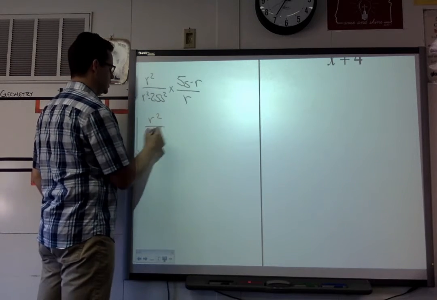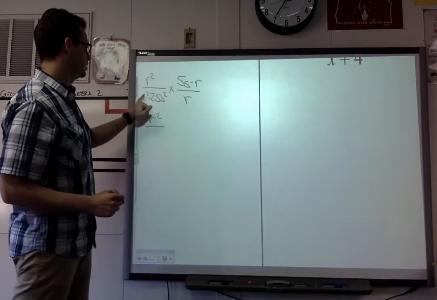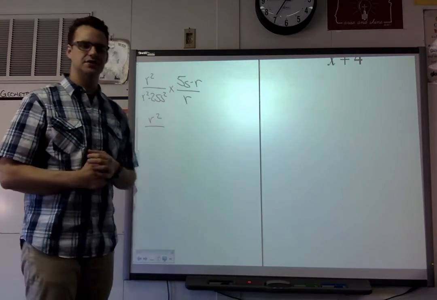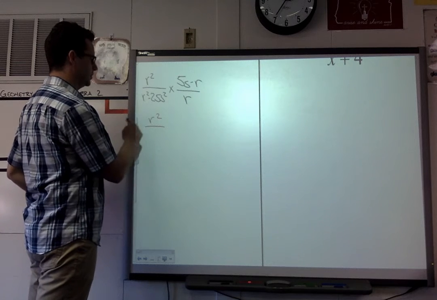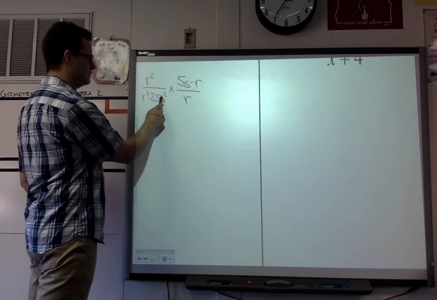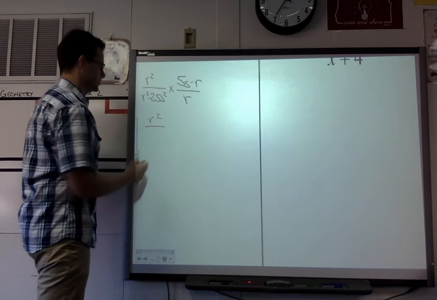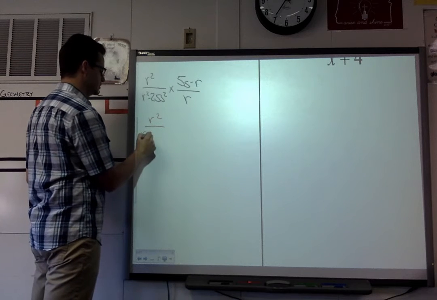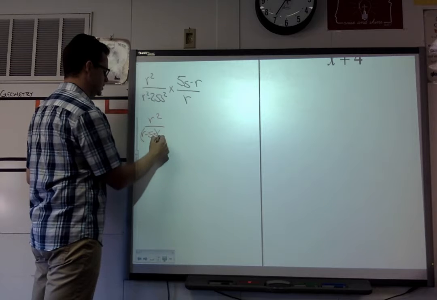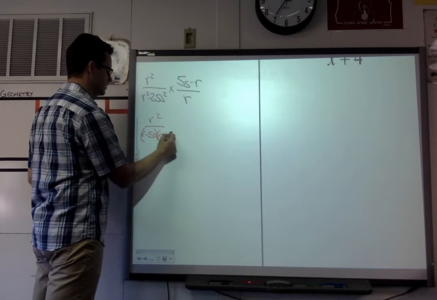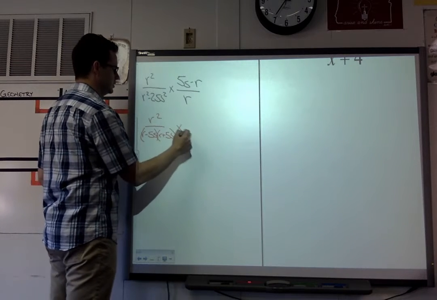If we look at r squared minus 25s squared, that is a difference of squares, because r squared is a perfect square, 25 is a perfect square, and s squared is a perfect square. So this would become (r minus 5s) times (r plus 5s).